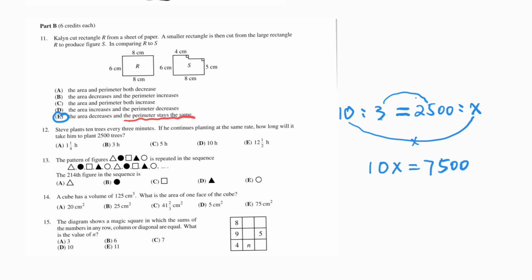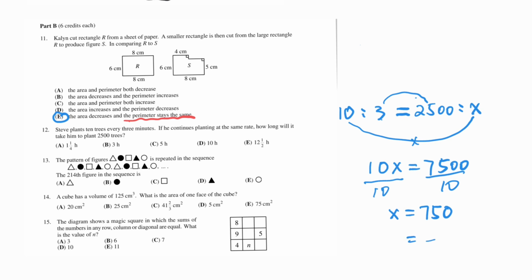So we isolate x, dividing both sides by 10. That gives us x equals 750 minutes. We have to convert the minutes to hours because the answer is in hours.